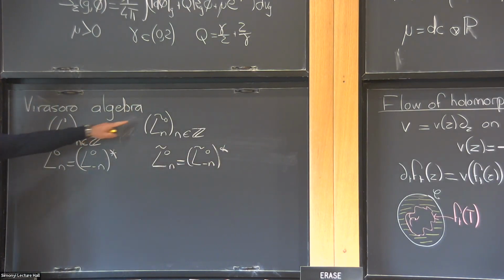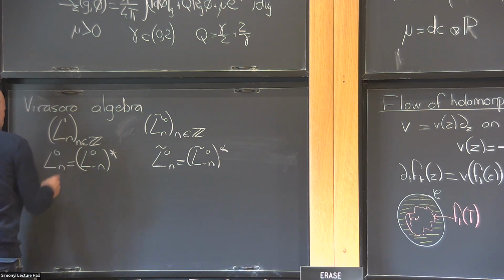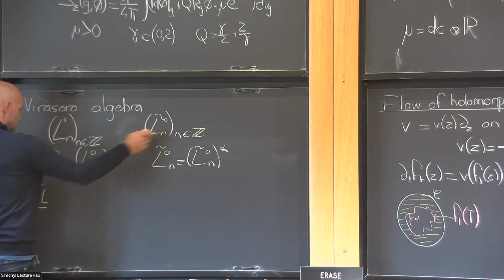This family commutes with this one. And you have a non-trivial commutation relation within this family, and exactly the same for this one.